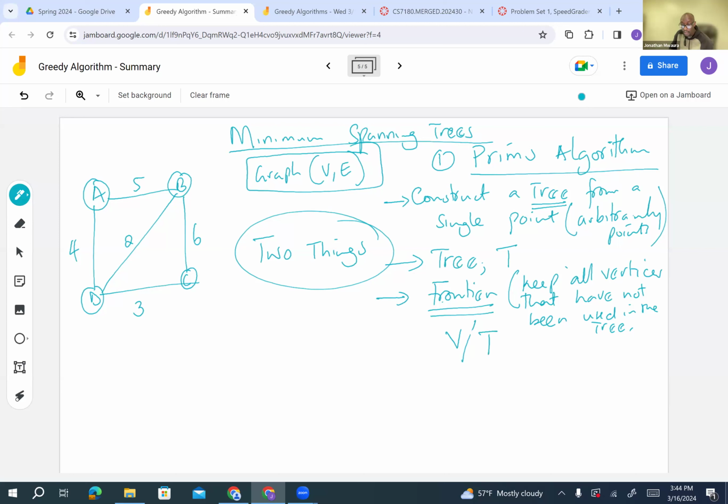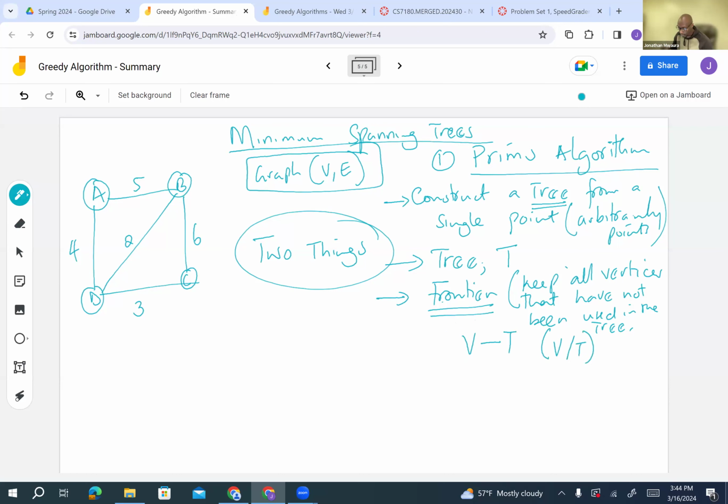So the tree contains some subset of vertices, and then V minus T is all the vertices minus what is in the tree. This is also written like this.